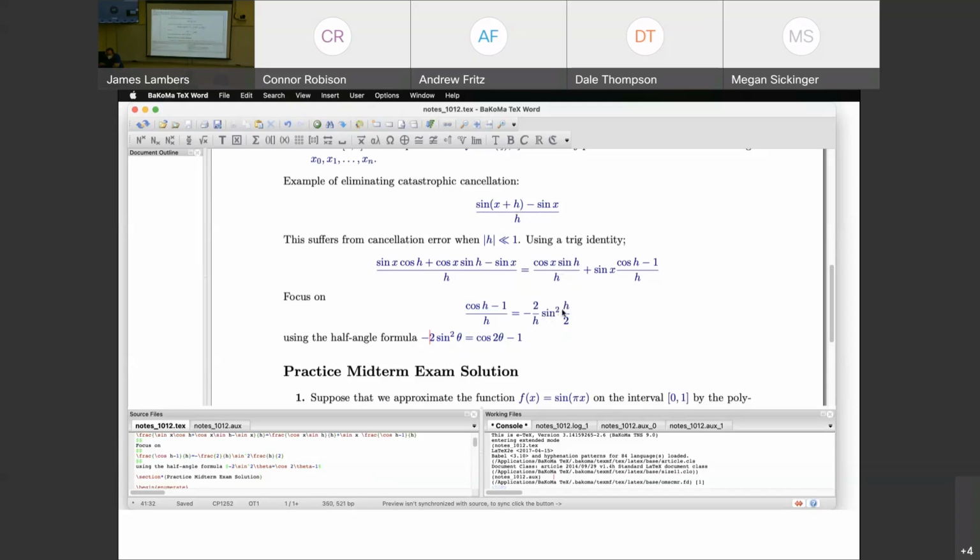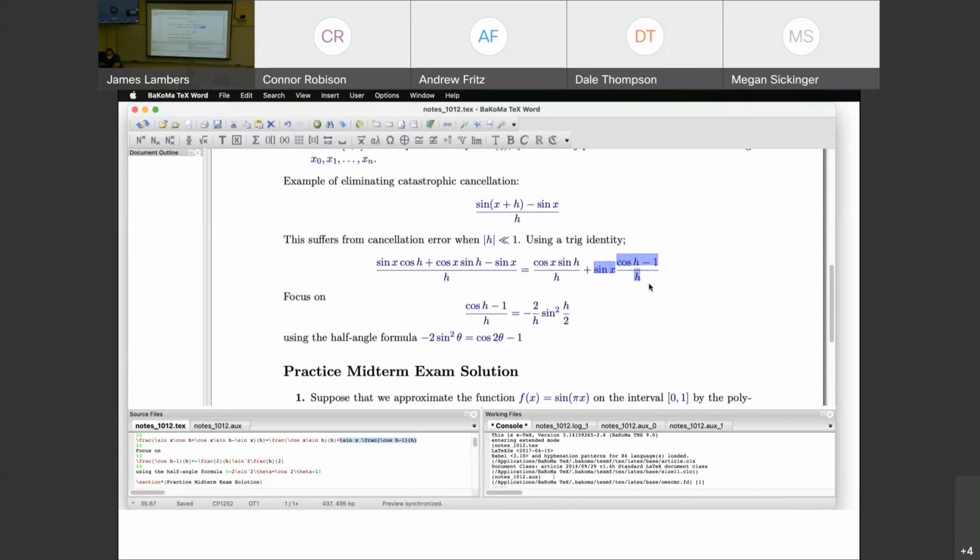And then for h small, sine of h over 2 would be approximately h over 2. So this whole expression turns out to be approximately minus h over 2, which would go to 0 as h goes to 0. So this term would go away, and we'd be left with cosine of x, as we should be.